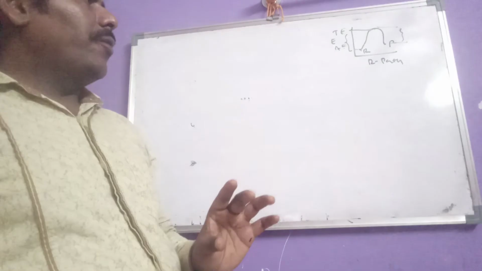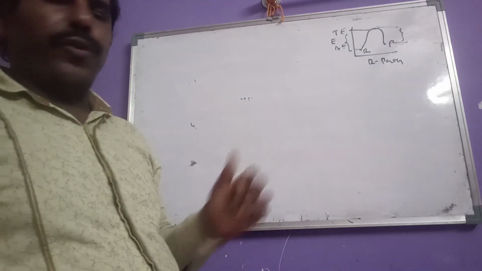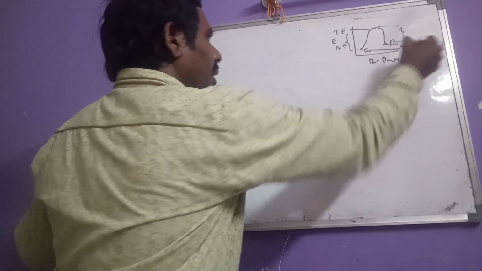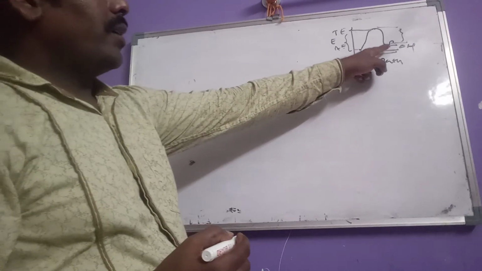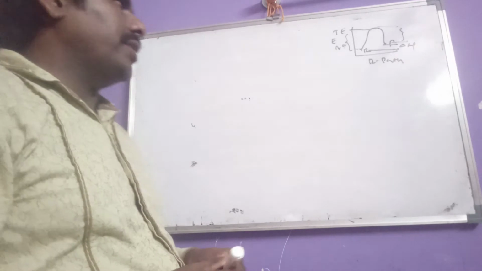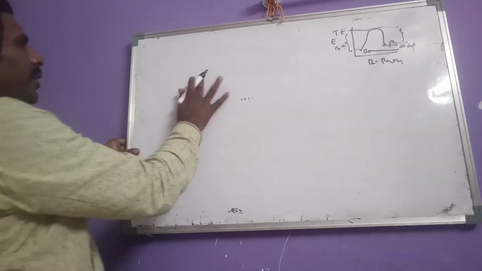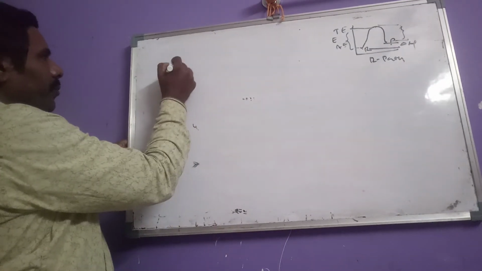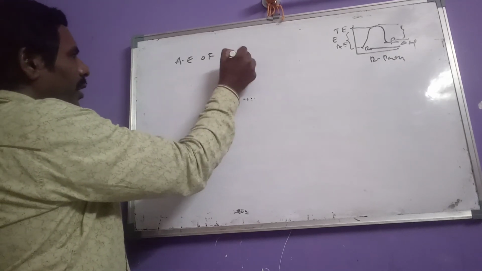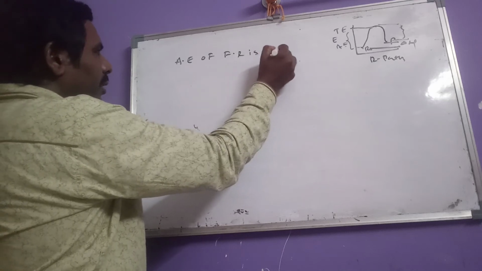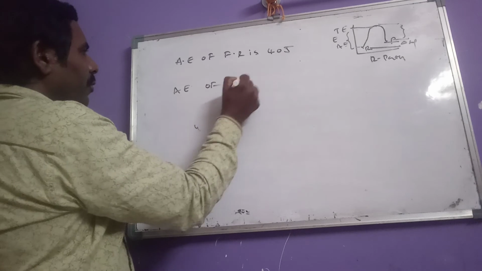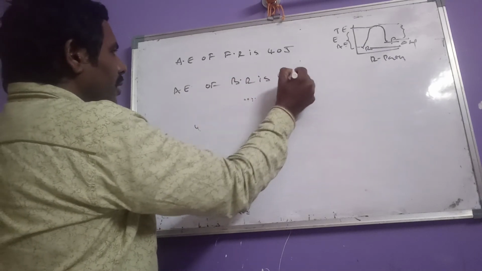So now what are the questions we can get from this? And another one here, this gap is known as delta H. The gap between energy of products and energy of reactants is known as delta H. So the first question: activation energy of forward reaction is 40 joules and activation energy of backward reaction is 60 joules.